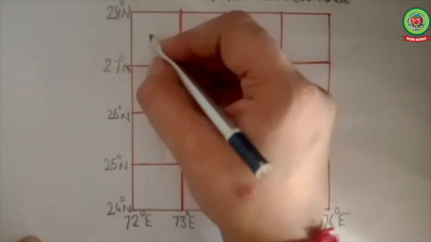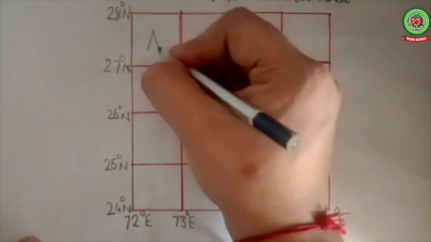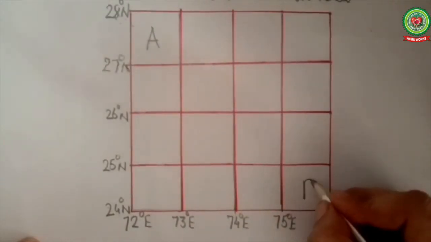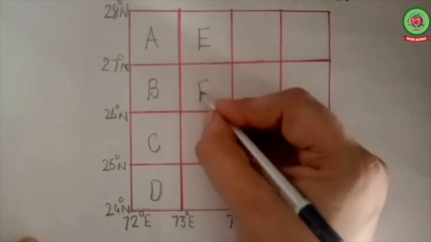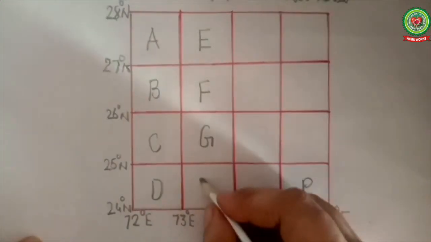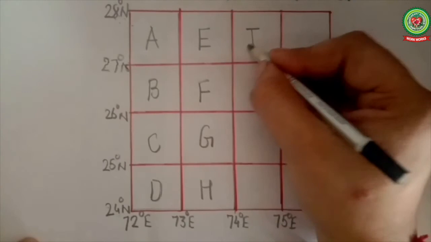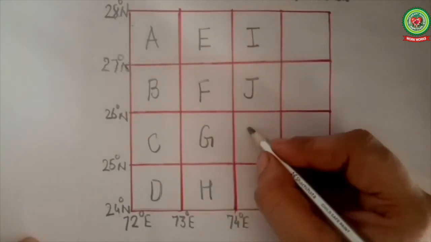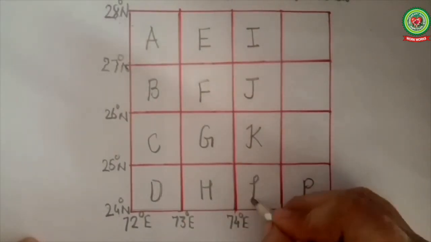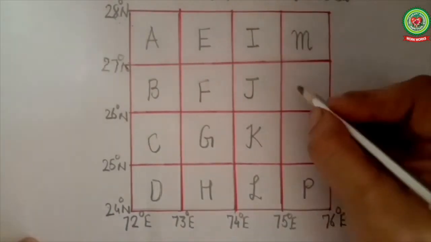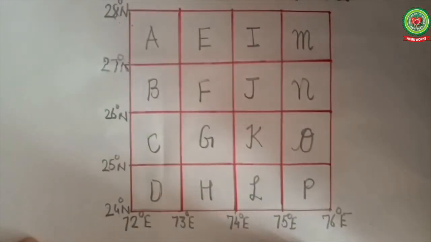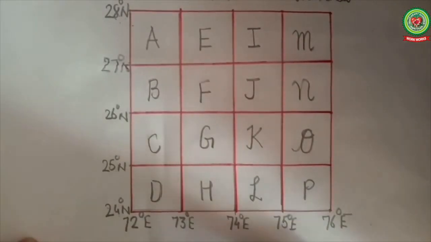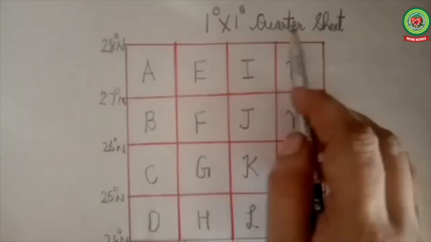And we will number the districts of Rajasthan from A to P. A, B, C, D, E, F, G, H, I, J, K, L, M, N, O, P. So we have reduced Rajasthan into 1 by 1 quarter sheet.